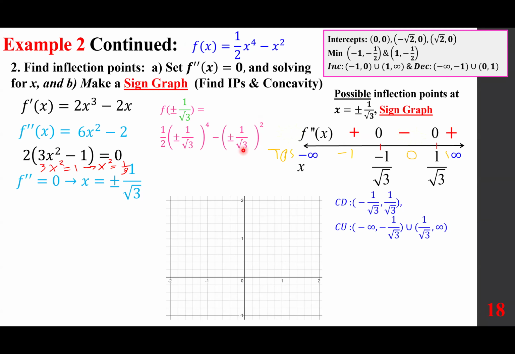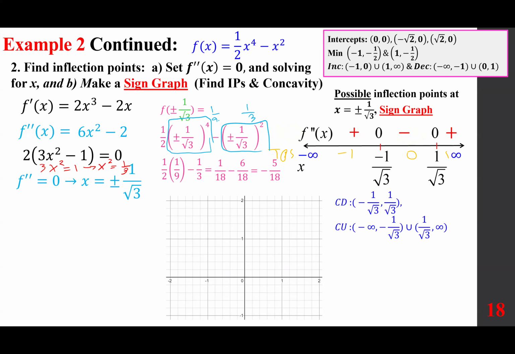First, 1 over square root of 3 to the power of 2 is 1/3. Raise it to the power of 4 and it becomes 1 over 9. So 1/2 times 1 over 9 is 1 over 18, minus 1/3, which is 6 over 18, becomes minus 5 over 18. This is basic math we are dealing with, okay?